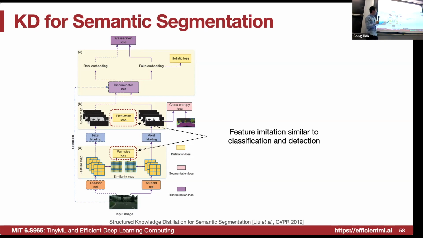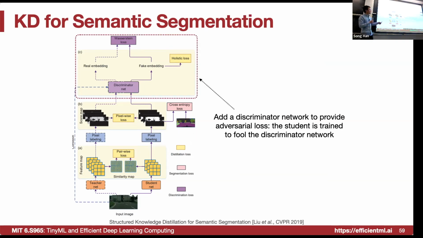So apart from this similarity map and feature imitation, which is very similar to the classification task, we add a new network, a discriminator network, to produce an adversarial loss for the teacher net and the student net, and we give two different masks. So this is pixel-wise prediction. Each location we have to tell whether this is road, whether this is drivable, whether this is tree, right?